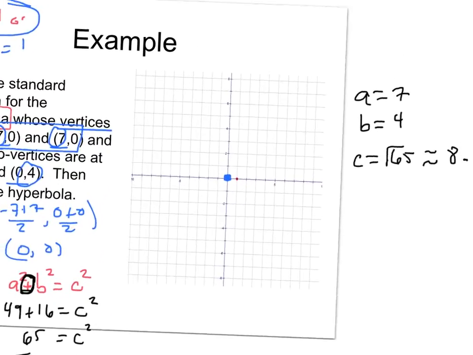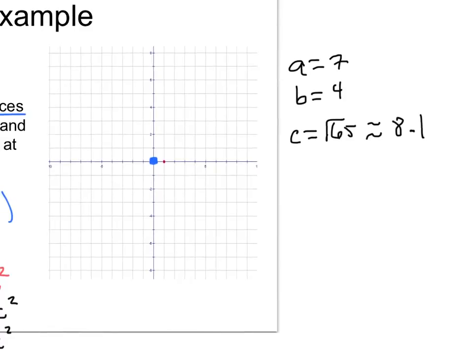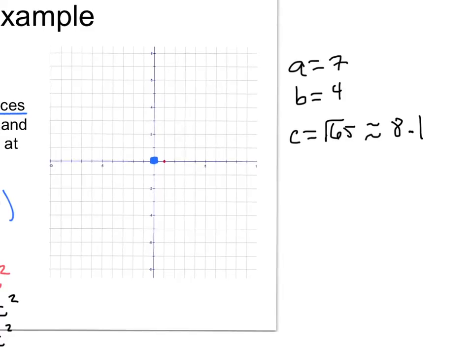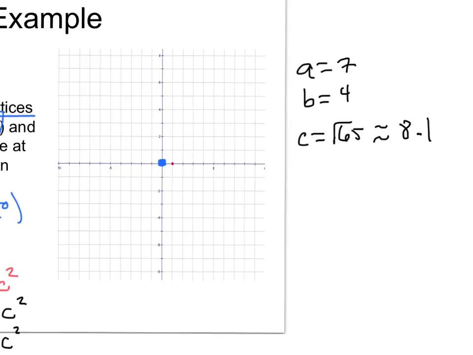Let me zoom in on the graph here real quick. In order to plot this, a, because it is a vertex and it's in the x direction, I'm going to move 7 units from the center. If I count 7 units, I'm going to end up right here.